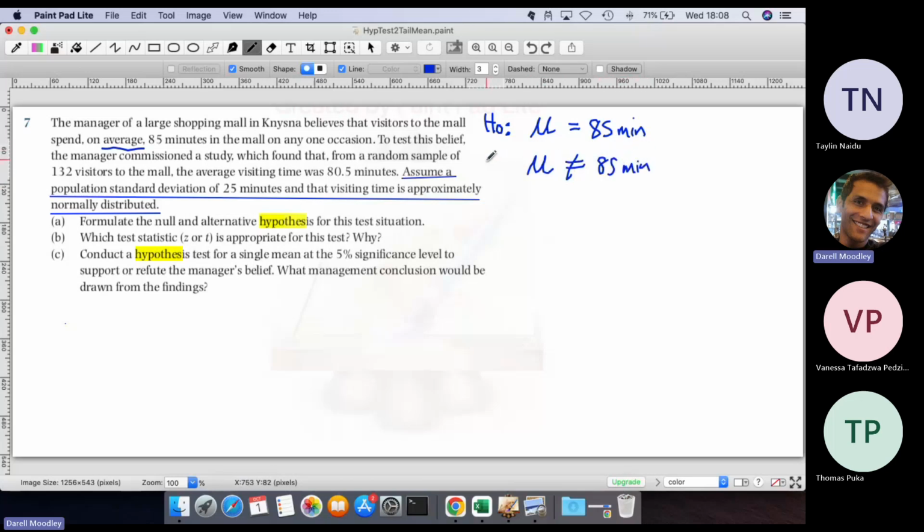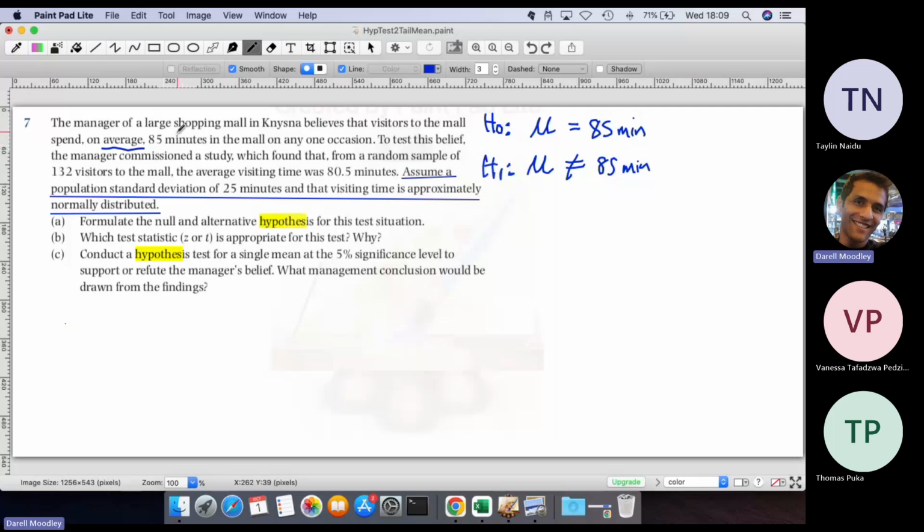We will call this H1. Some textbooks write HA instead of 1, and that's fine too. The A is for alternative. But I'm going to write H1 because your textbook generally follows this notation, H naught and H1. So H1 is the alternative hypothesis, and H naught is the null hypothesis.